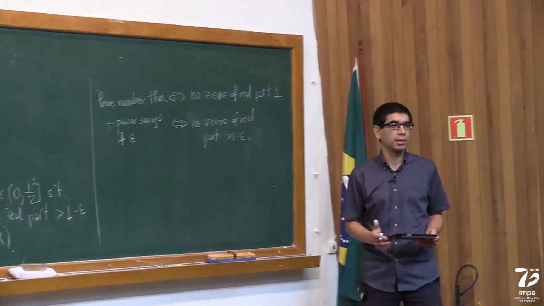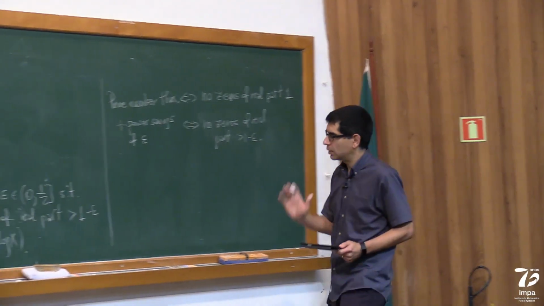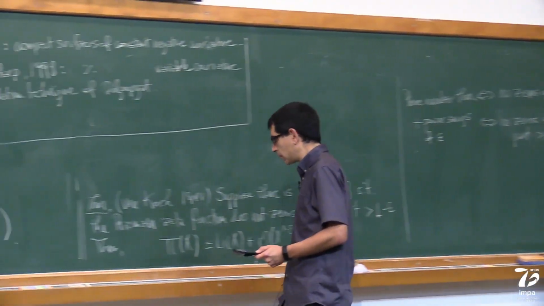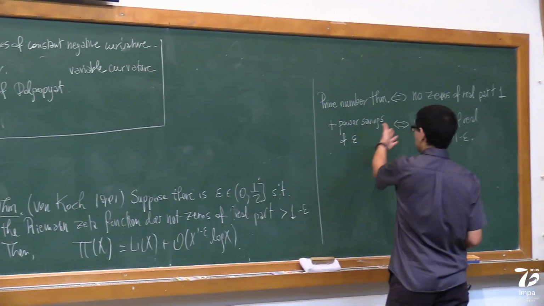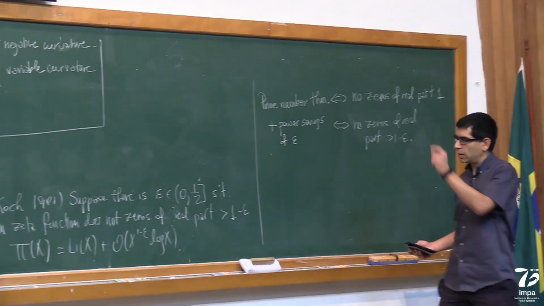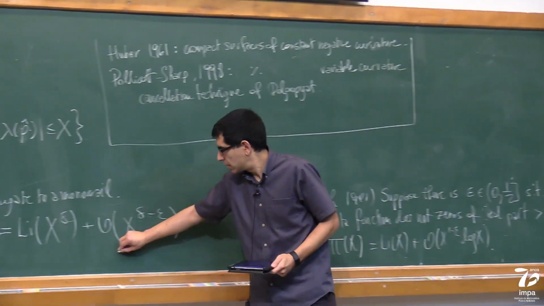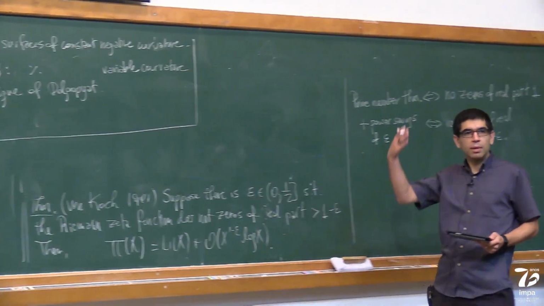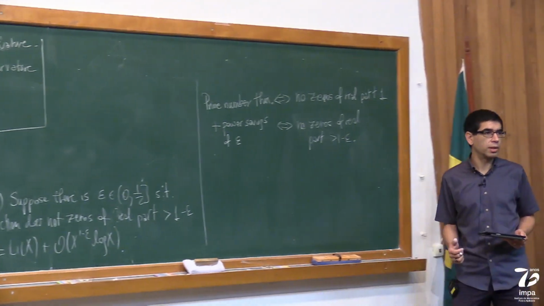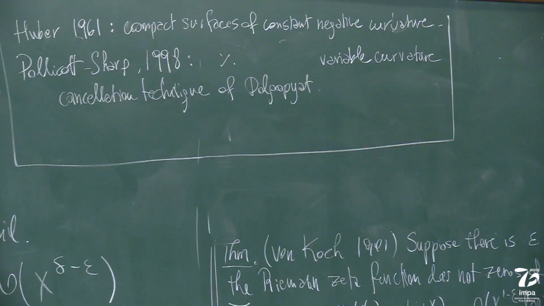This was done by Pollicott and Sharp, but it's really close to the case of prime numbers. We have the same heuristics here. So this power savings in the error term comes from a zero-free strip for the Ruelle zeta function. Okay, that's the upshot here.